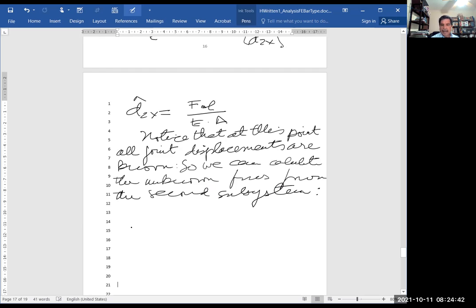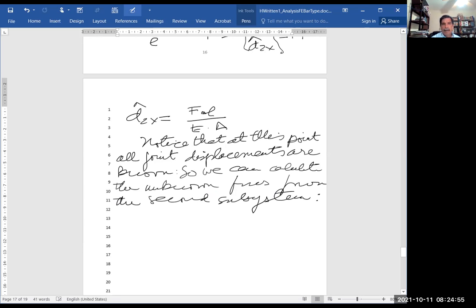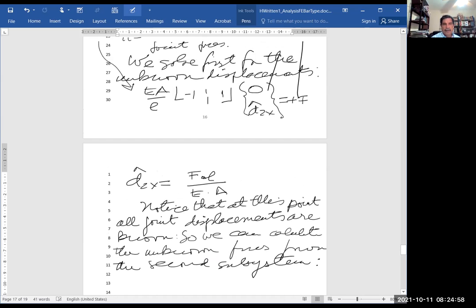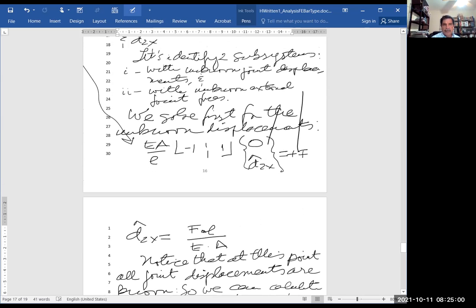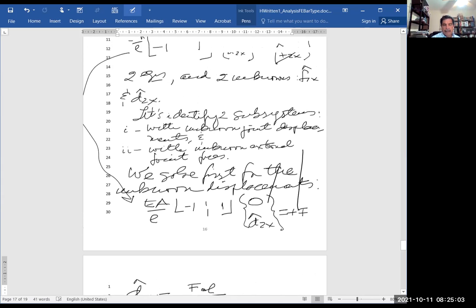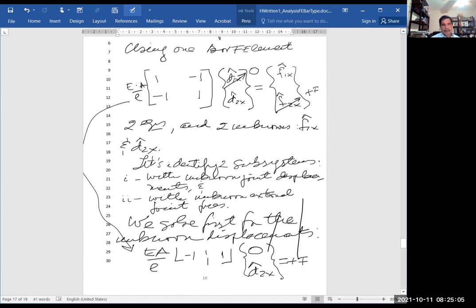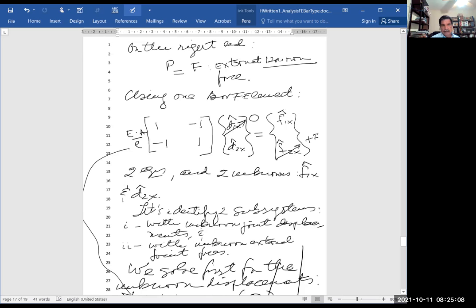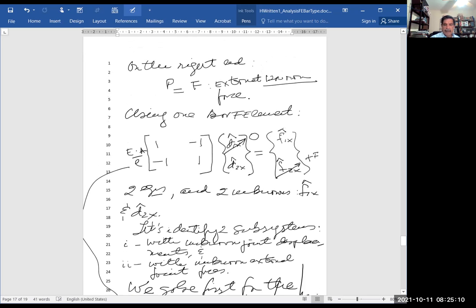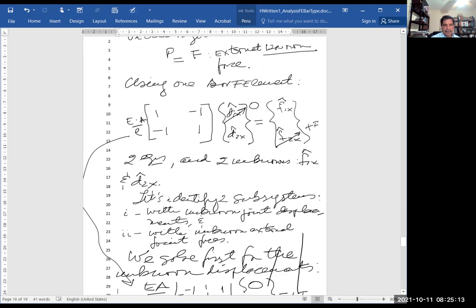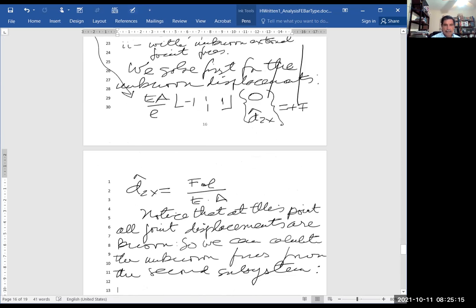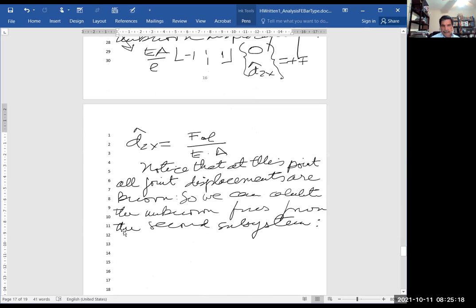So let me go back, because I'm having trouble with these things. So we're going to take the first equation. Here you have EA over L, 1 minus 1, and on the right we have F1. Let's write it.